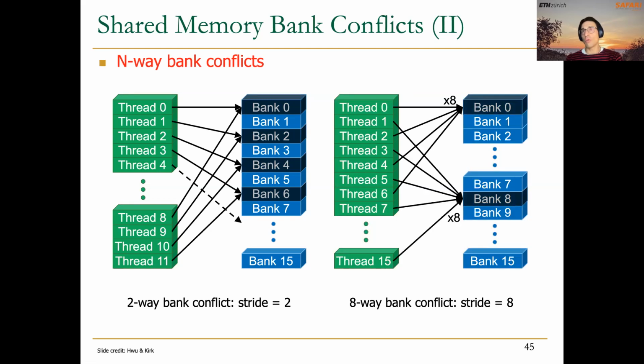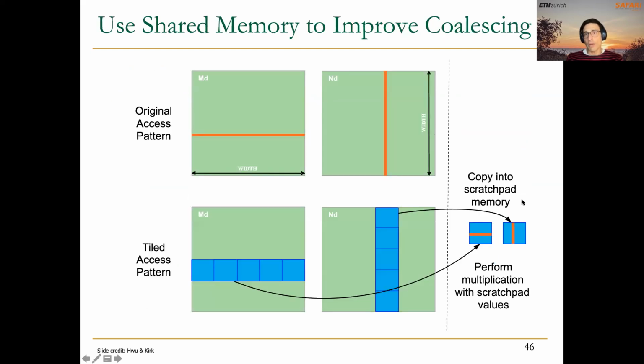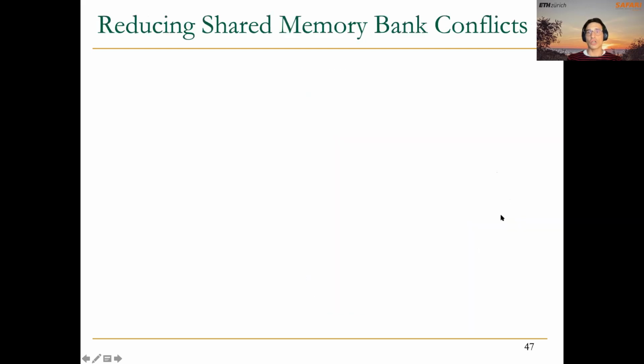Or it might be even worse when we have more than 2 threads colliding in the same bank. In this particular example, we have an 8-way bank conflict in bank 0 and in bank 8. So we may have bank conflicts when we access shared memory, and that's something to take into account as well when we use tiles in shared memory.